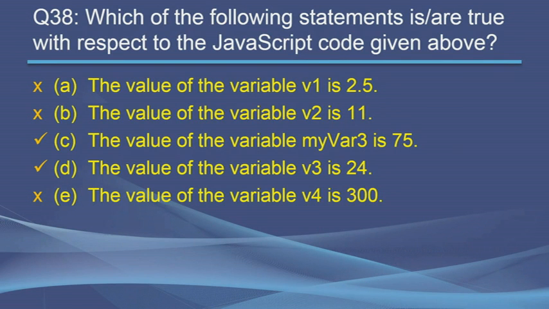And the value of variable 4 is 300, which is also incorrect, because you are adding two strings. So you will have the value 100200 and not 300, because you are assigning a string value to the variable 4.